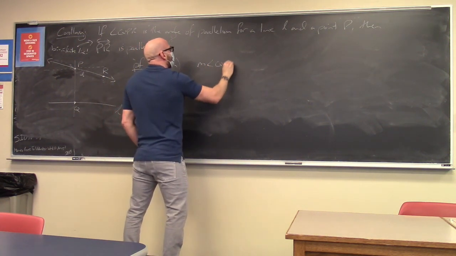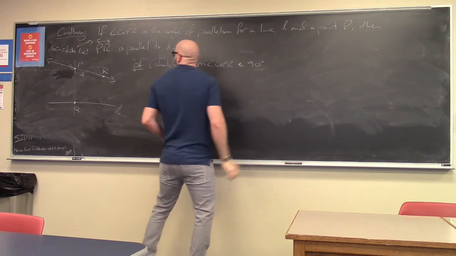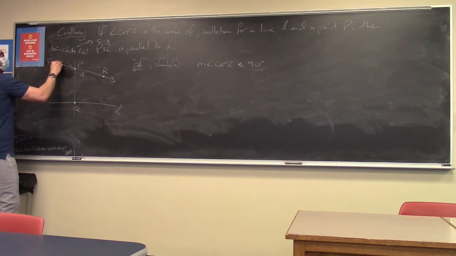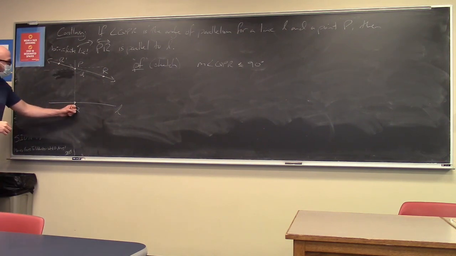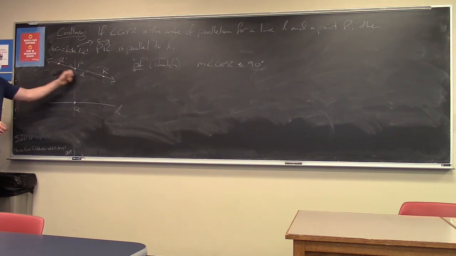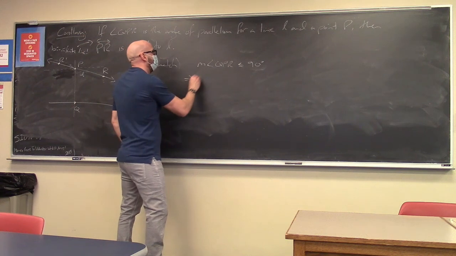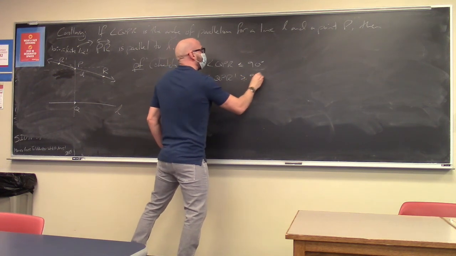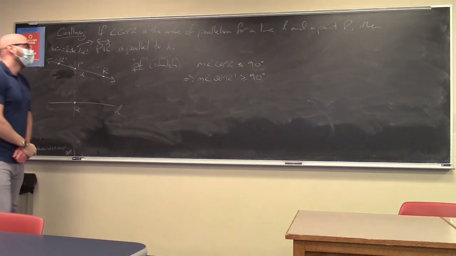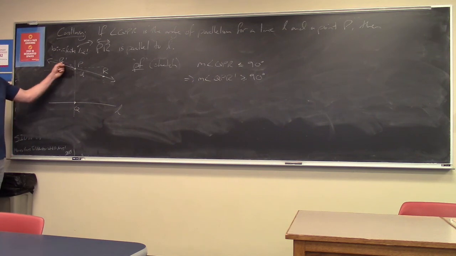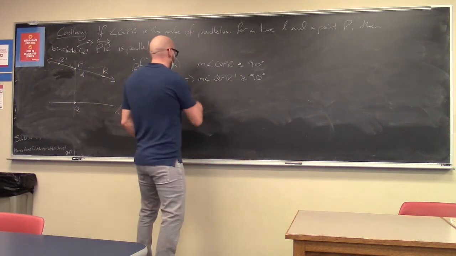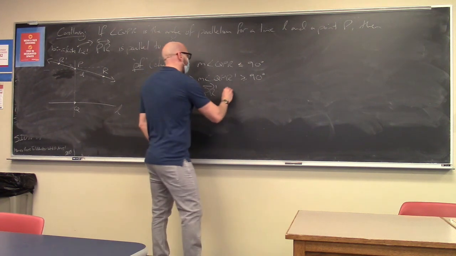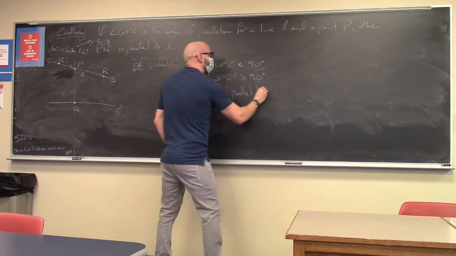The measure of angle QPR is less than or equal to 90 degrees, which means the measure of angle QPR prime is bigger than or equal to 90 degrees. And of course, that is larger than the angle of parallelism, which implies that PR prime, that ray on that side, is parallel to L as well.